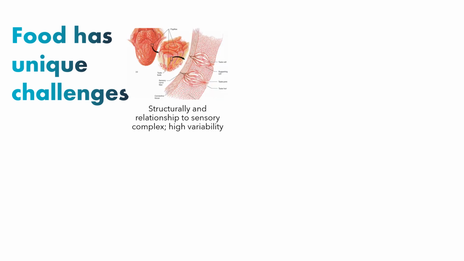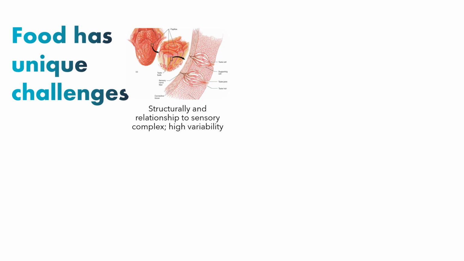So first, some characteristics of food in this context. Food really has unique challenges, and let's look at some of those challenges. For example, structurally, it's complex, and its composition and its relationship to sensory is very complex.